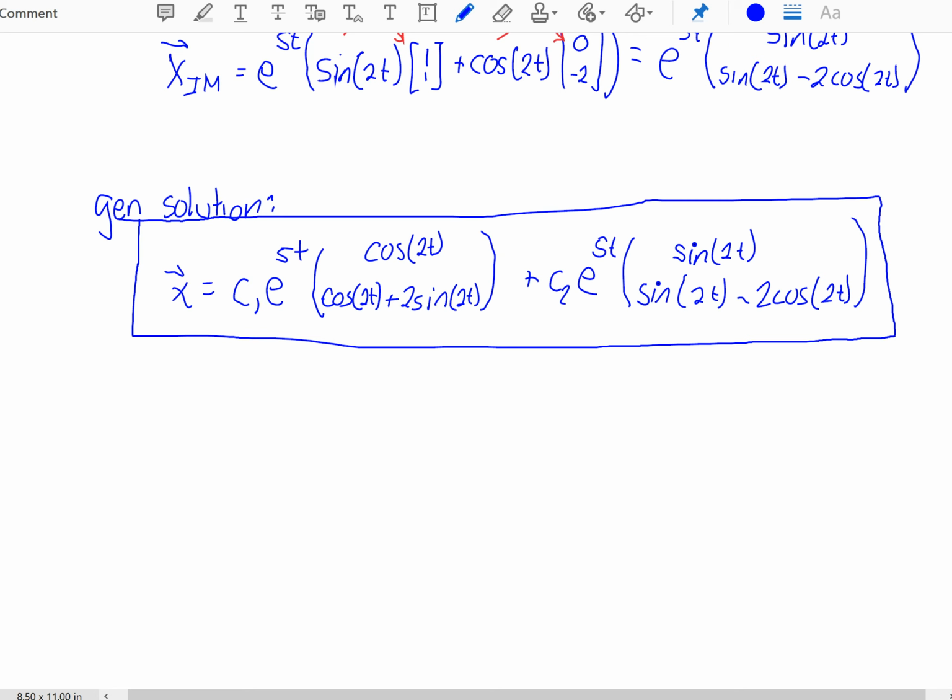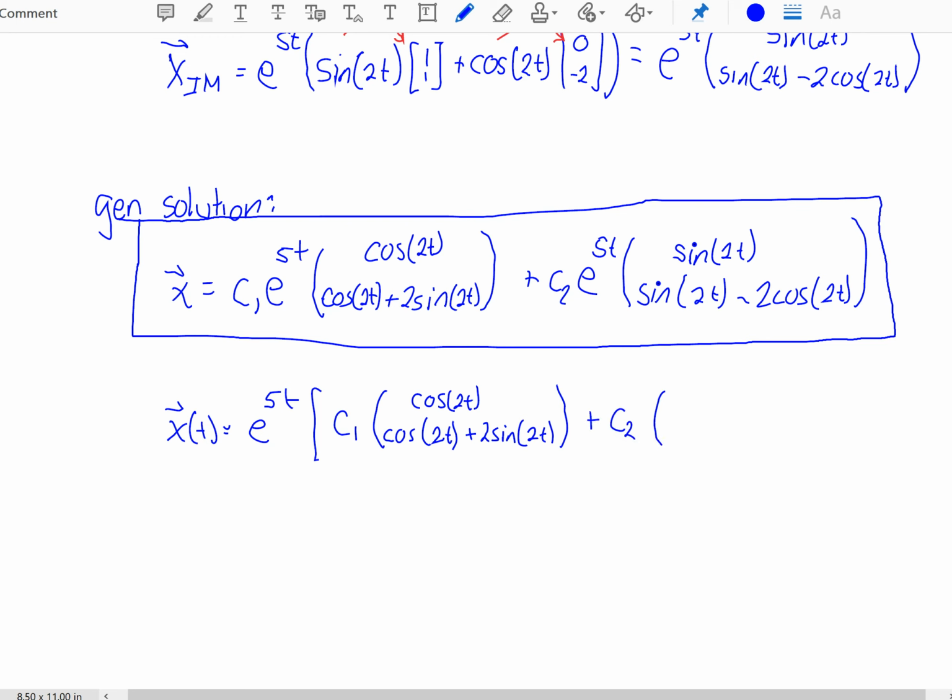So another common way to rewrite this is to factor out that e to the 5t and write this as e to the 5t times c1 times your first vector plus the c2 times your second vector quantity.